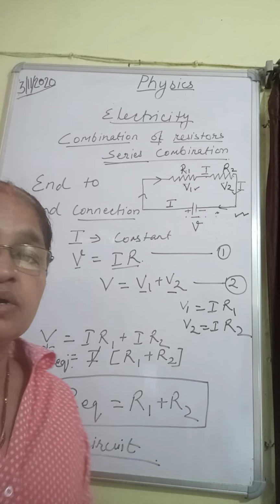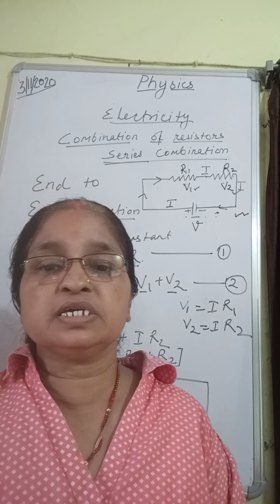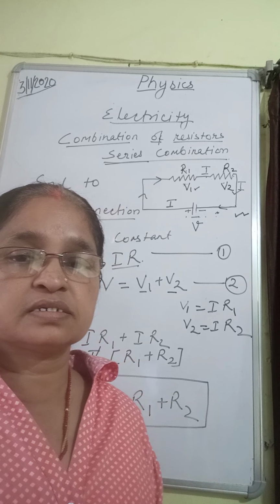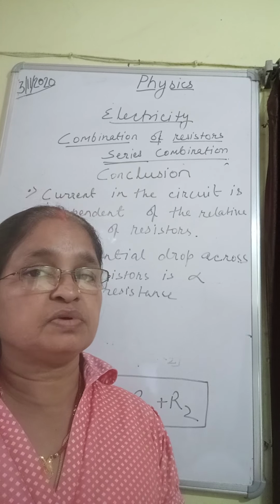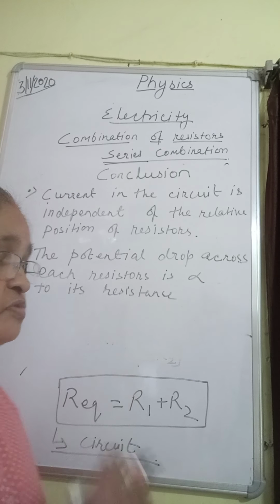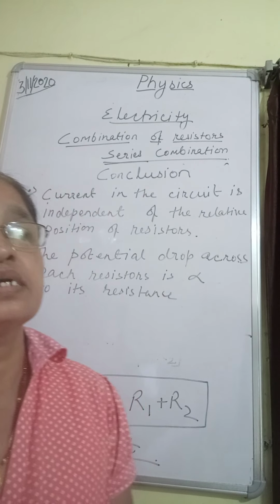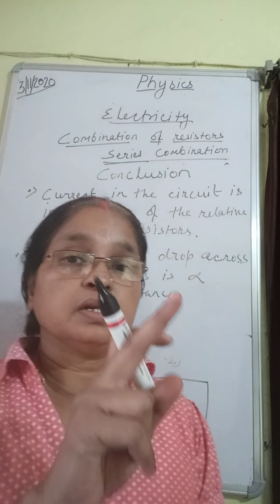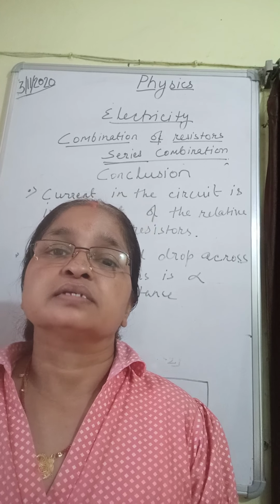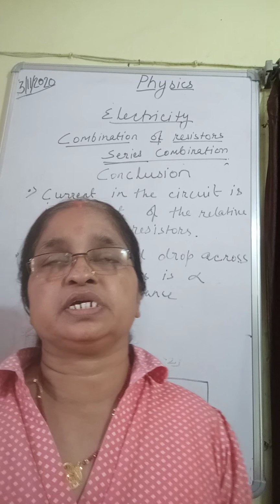Now let us find out the conclusion for this. What conclusion will we get? First of all, we have seen just now that the current is the same in the whole circuit. The current is constant.